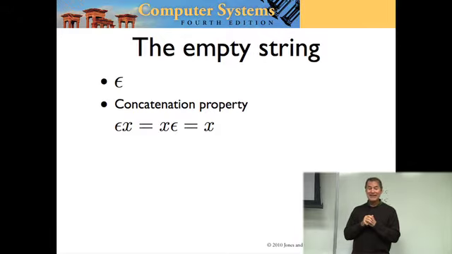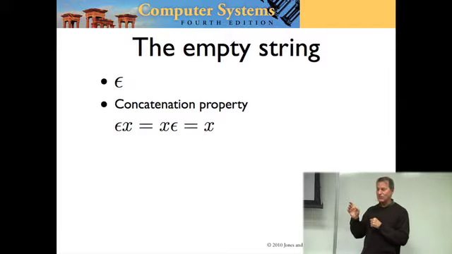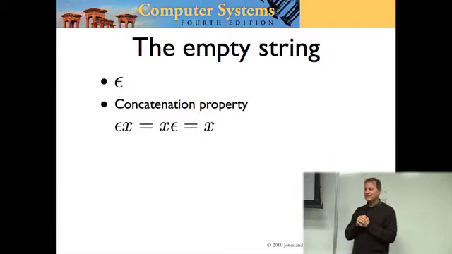The identity element. You remember what identity means. What's the identity for addition? 0, because x plus 0 is x. So here we have another operation with an identity element, the empty string.